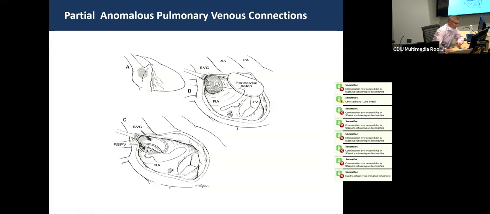But it's rare that that patch needs to be revised or intervened on in any way. And we do try to make sure technically that we leave the azygous vein intact, because that's a natural decompression for that pathway in the event that there is mild narrowing of the SVC.